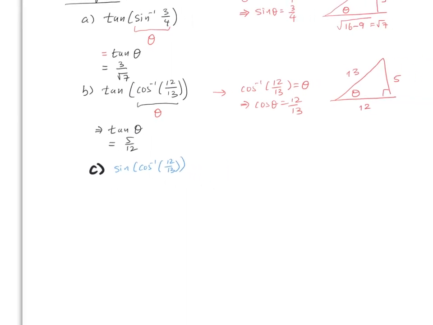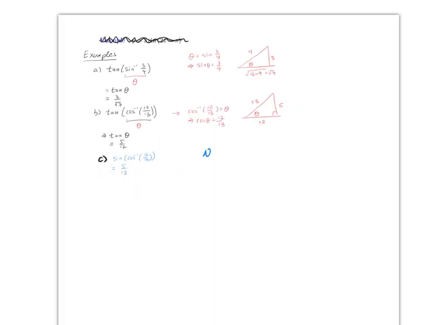The only difference is that now I'm asking you for sine. So therefore, sine, remember, is the opposite over the hypotenuse. So this will be phi over 13. And that's it.